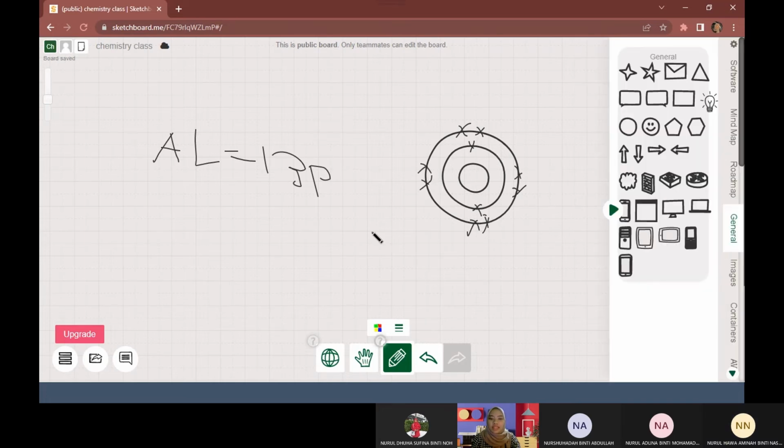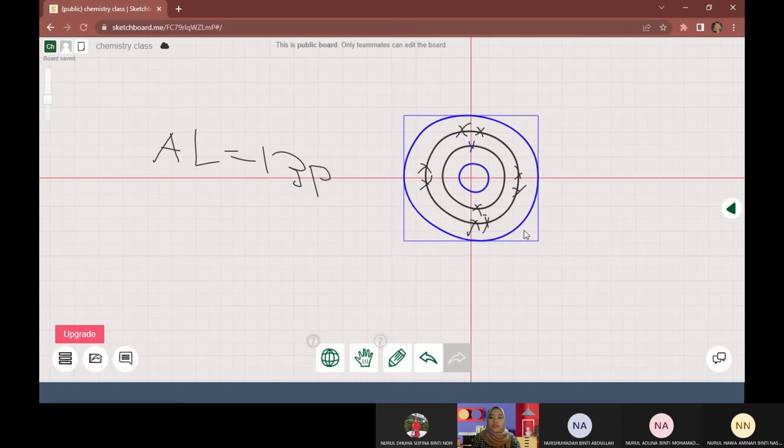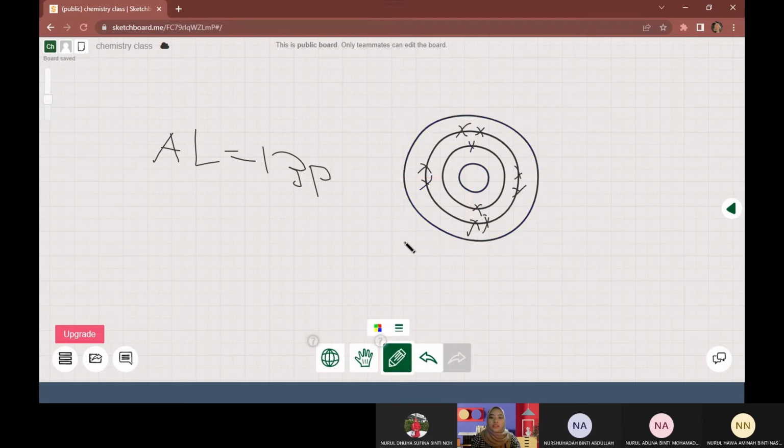So the remaining electron is 3. So we have to add another shell, the last shell, the outermost shell, and put 3. 1, 2, and also 3. Okay.